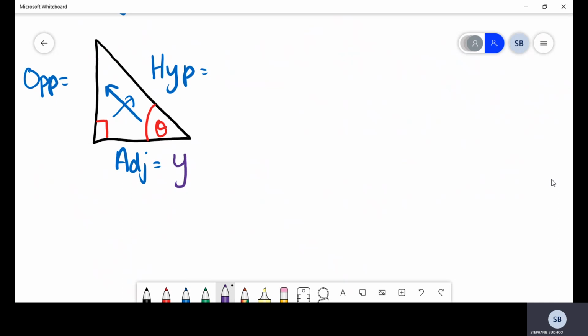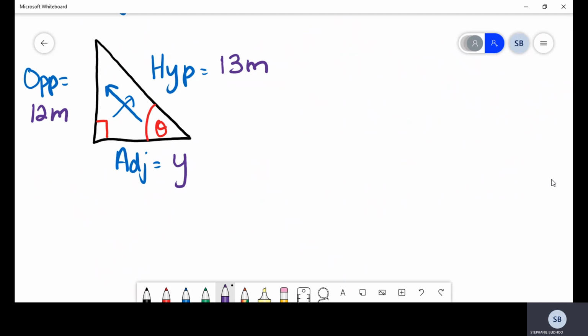So let's just say that in this question, our hypotenuse is 13 meters. And our opposite, let's just give it a length of 12 meters. And they want to know what's the value or the length of your adjacent, and they have identified it by the letter y.